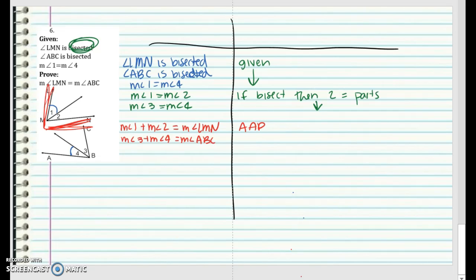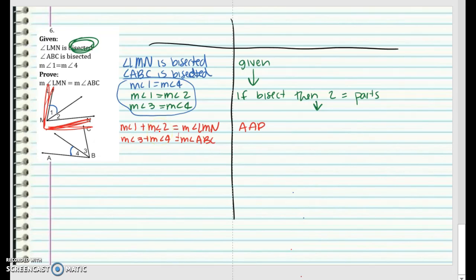Now, I know that these two pieces are the same, basically because of these 3 statements. So I really just need to work on maybe doing some substituting, okay? You can substitute in a lot of different ways. But the ideal situation would be that LMN and ABC equal the exact same thing.